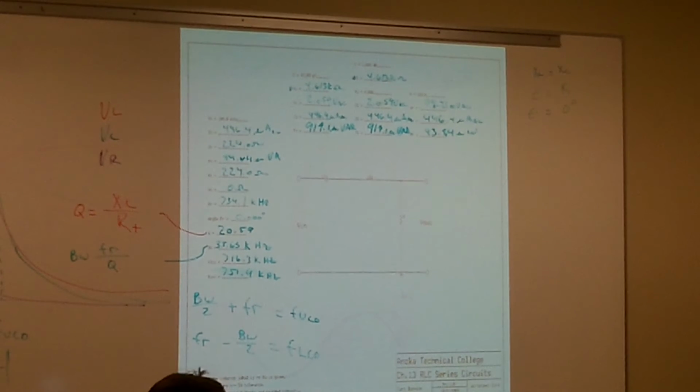Let's see, how would I want to show this? At my lower frequency cutoff, am I more capacitive or more inductive at that point? Remember, here's VC, and my red is VL.